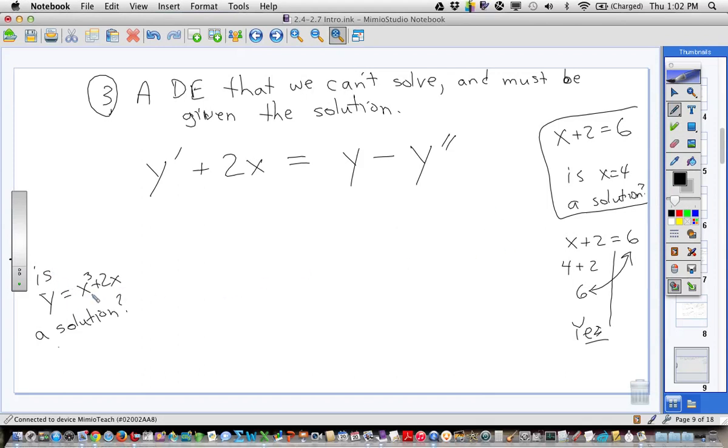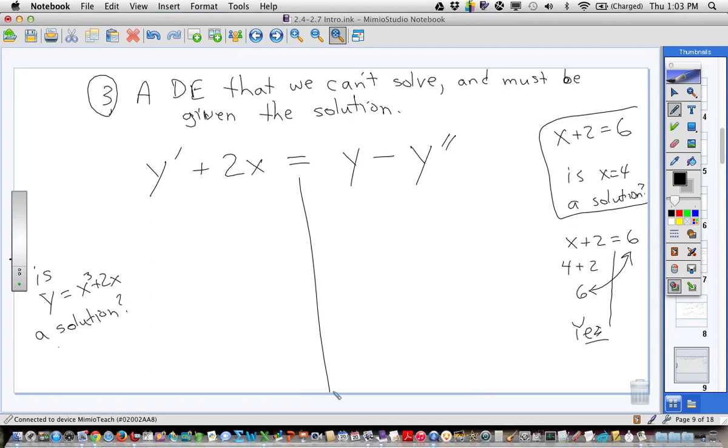Is this a solution? Now, notice how I wrote it, though. Remember, differential equation, the solution is the original function. So we don't have a 4 to plug in. We have a function to plug in. So is this a solution? Well, we're going to plug it in. So we're going to make a T-chart. So I'm going to put that line right there. And I'm going to plug in this function. Now sometimes because we're plugging an equation into an equation, it gets confusing on what gets plugged where.